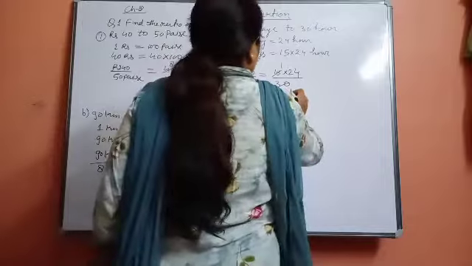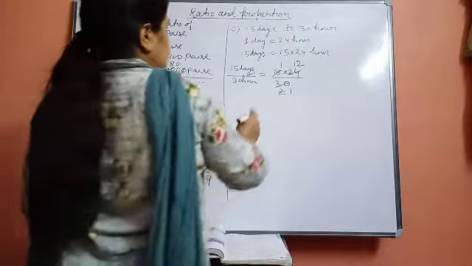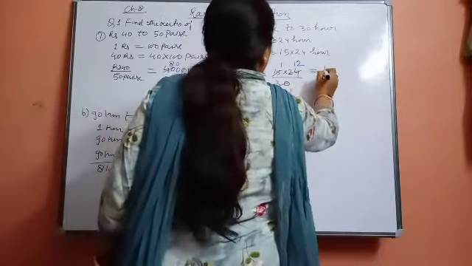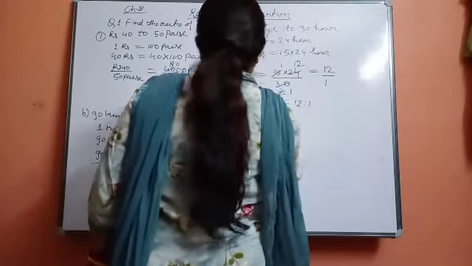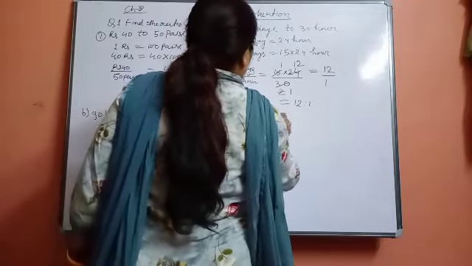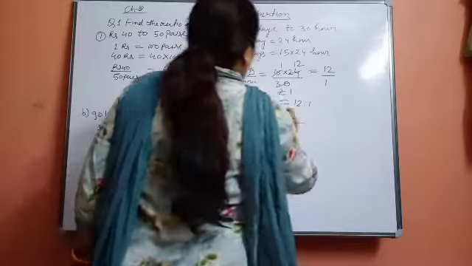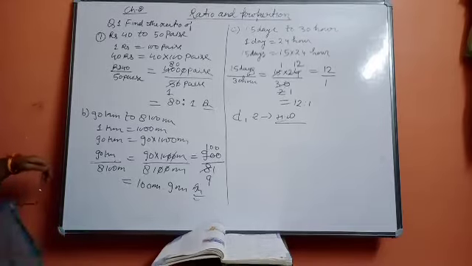Now 2 ones are 2, 2 twelves are 24, so 12 upon 1. So it will be 12 ratio 1. In this way, do the D and E parts of this question as your homework, in the same way as I have done, converting them into the same unit. Afterwards, we now proceed to question number 2.